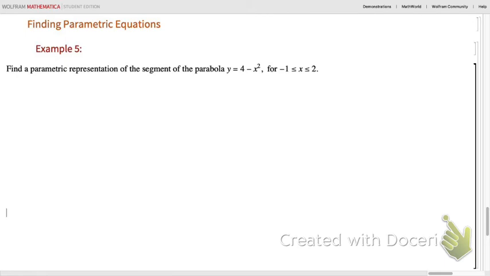Okay, now, anytime you're going to be given the Cartesian equation of the curve first, so an equation in terms of x and y, I always do the easiest thing. When I'm going to parameterize something, I just let x equal t.